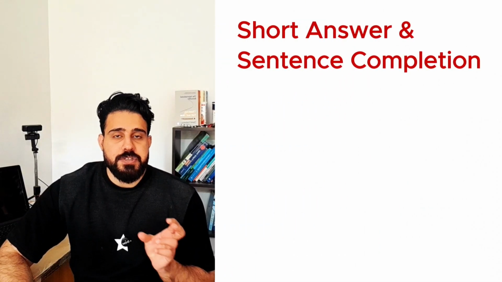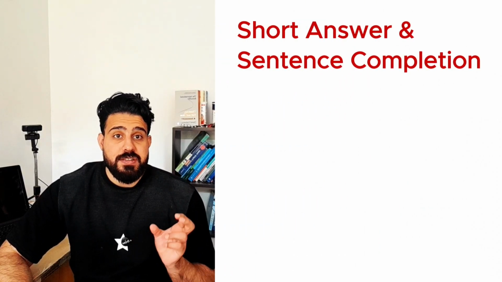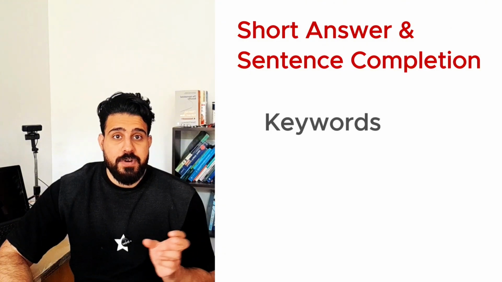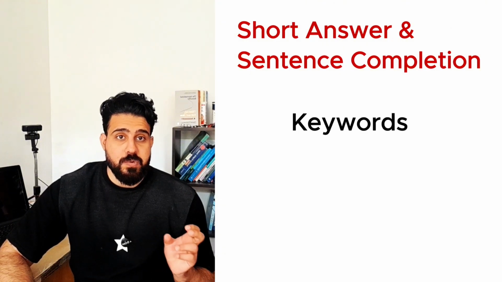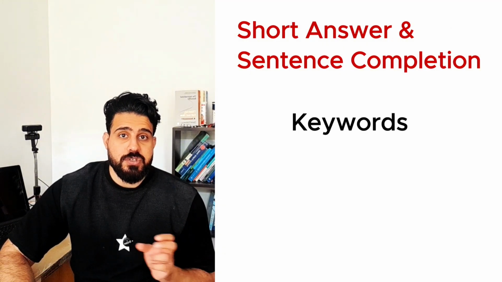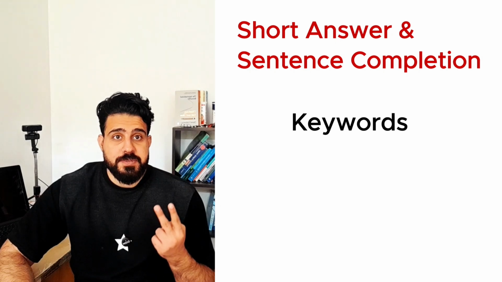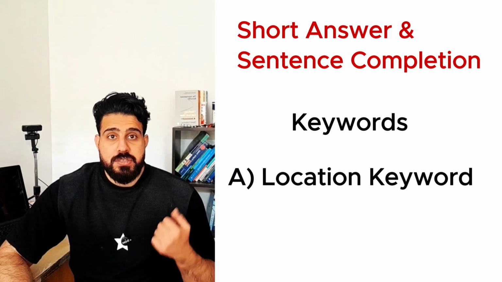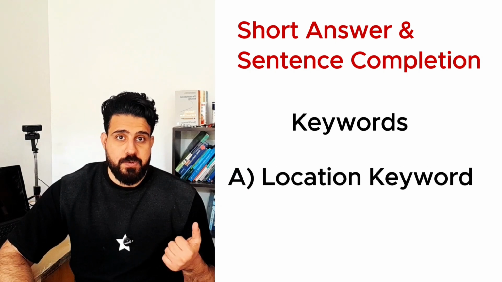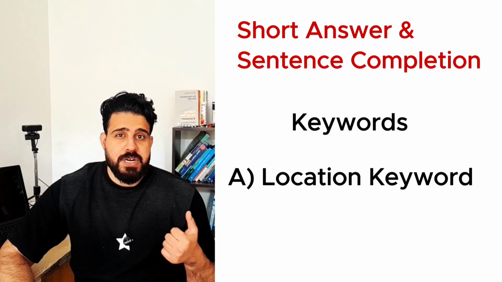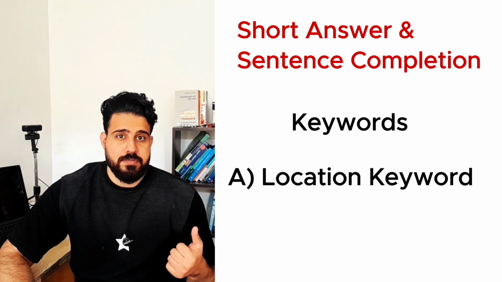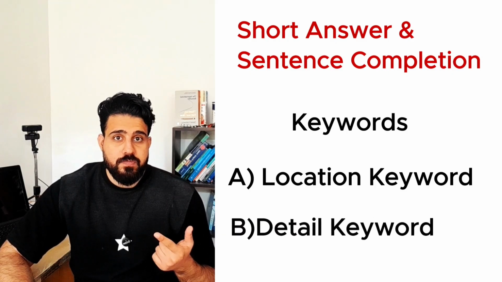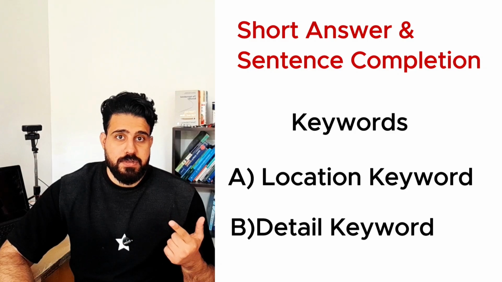Okay, let's move on to short answer and sentence completion questions. These are all about identifying and using keywords, and you'll usually find two types in each question. Type 1, location keyword. This helps you figure out where in the text to look. Type 2, detail keyword.